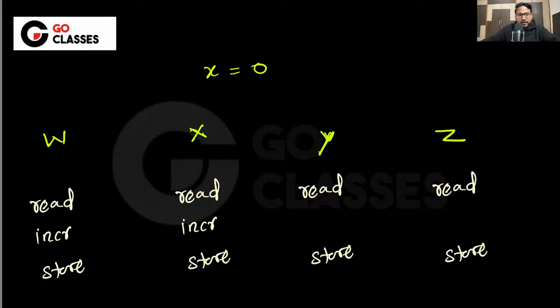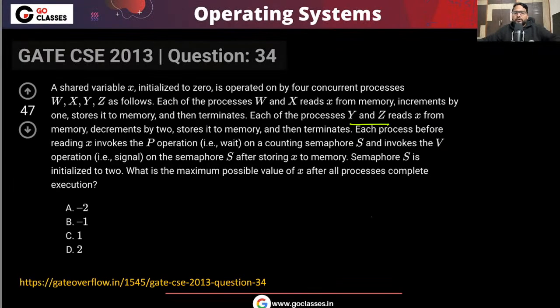Let me write it as decrement underscore 2. So they decrement 2 and then they store it, right? Now what they're saying, each process before reading x invokes P on a counting semaphore s and invokes V operation on it after storing x to memory.